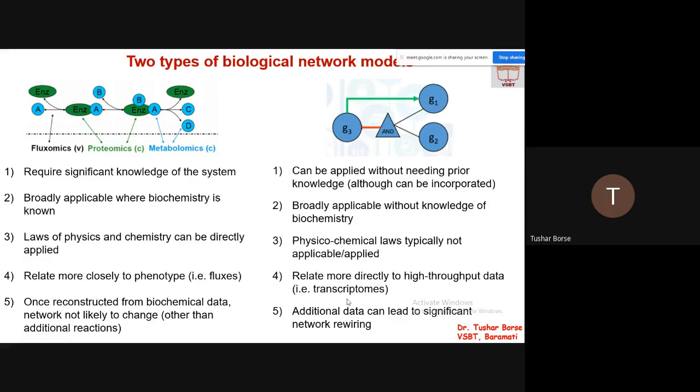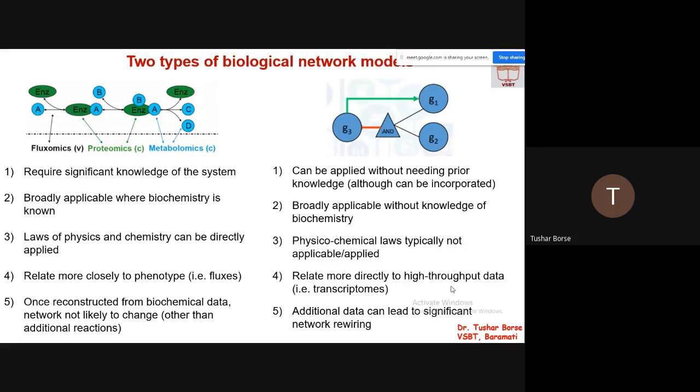So you can see the fourth point which I have written here. You can relate more directly to the high throughput data you are getting. From that particular information, we have done some statistical calculation. We have put it in the form of matrices. We have tried to see whether there is an interaction or not, and we have tried to develop a network.